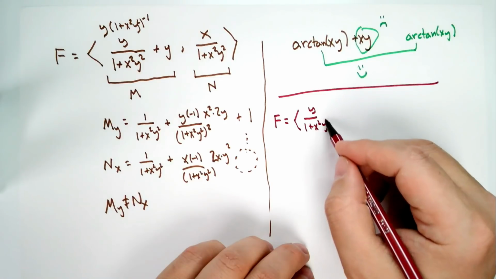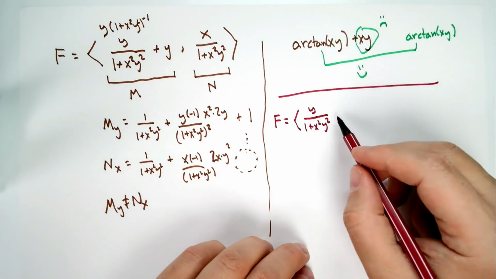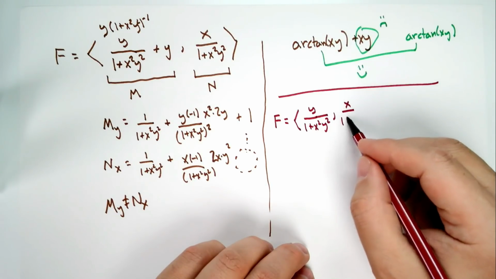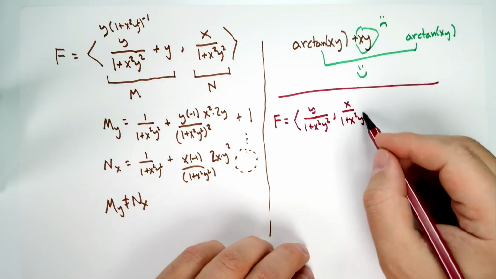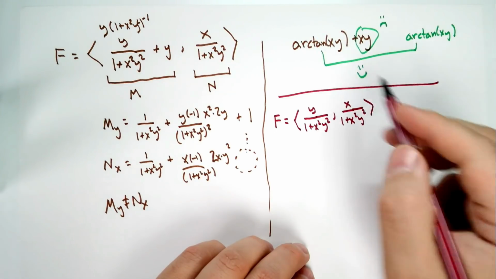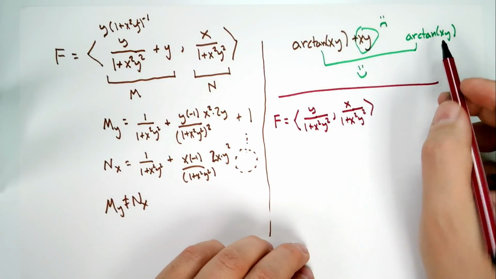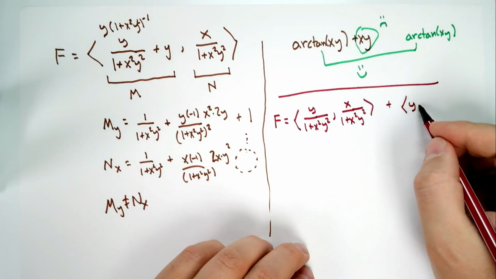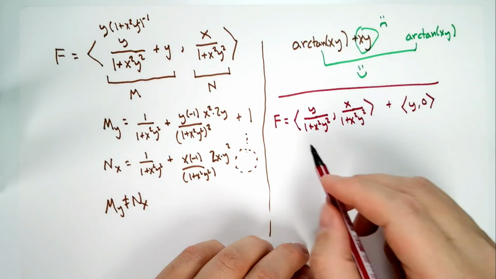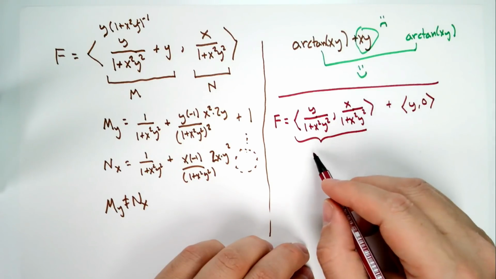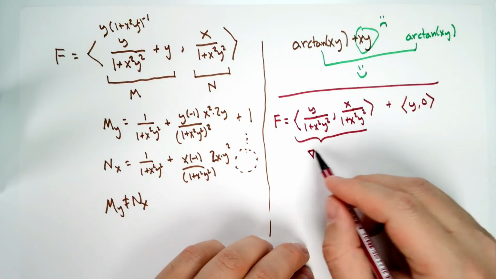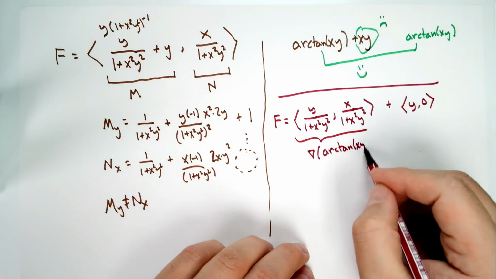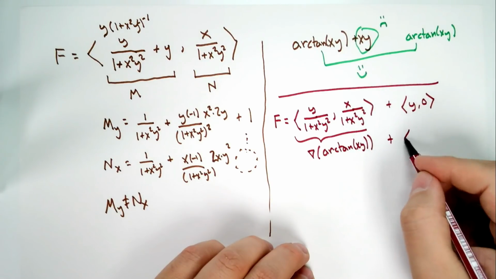There's one part that looks very nice, y over 1 plus x squared y squared, and x over 1 plus x squared y squared. That part looks really nice, because that's the part that had that compatibility when I tried to do antiderivatives. Plus, there's another part, y, 0. That nice part is the gradient of arctangent of xy. And then you have this other part, y, 0.